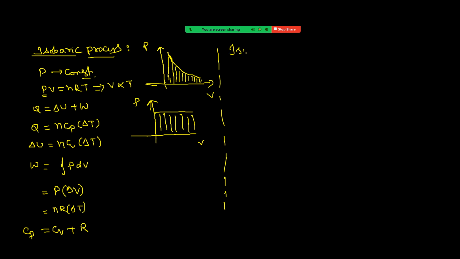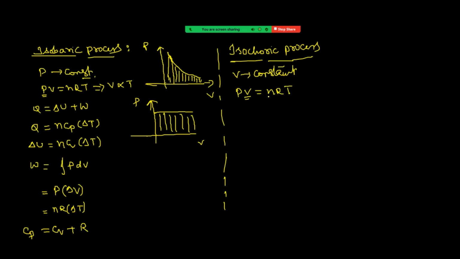Let us see here now. Isochoric process. Isochoric means volume is a constant. So if you are taking gas equation, PV equal to nRT.